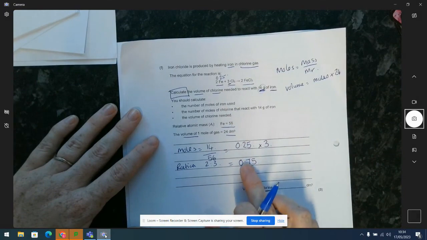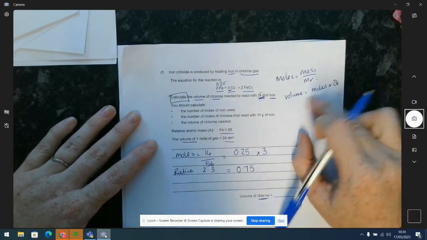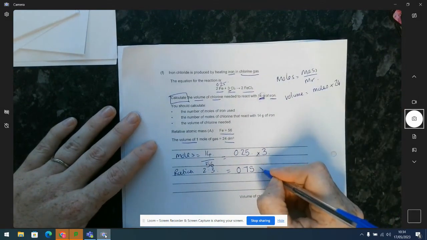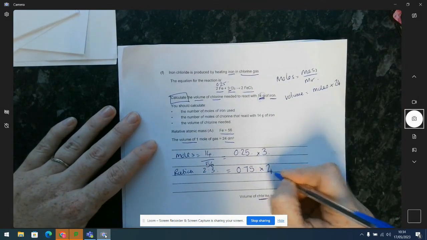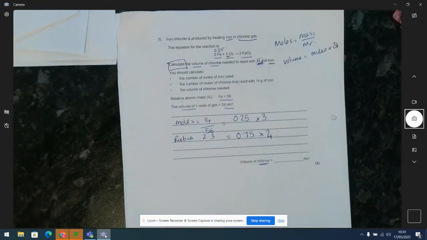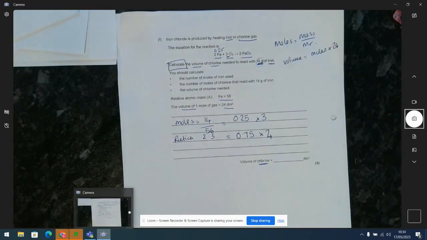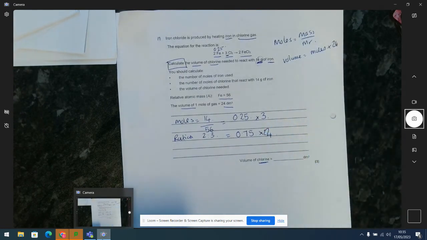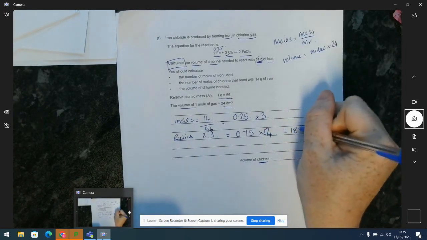So I've already worked that out. I then pull that into this calculation, which is moles times by 24. So 0.75 times by 24 is going to give me a value, if I can get a calculator on the go. 0.75 times by 24 gives me a value of 18.